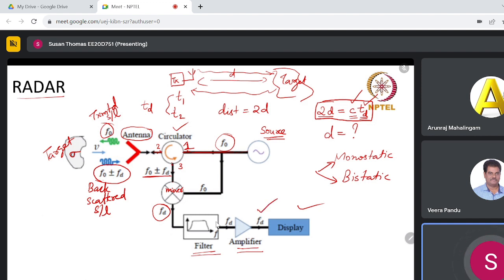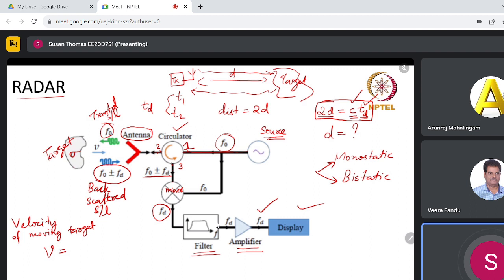If you know the Doppler frequency, you can calculate the velocity using this equation. What do you mean by velocity? It's the velocity of the target, the moving target. Using a radar, you send a signal.